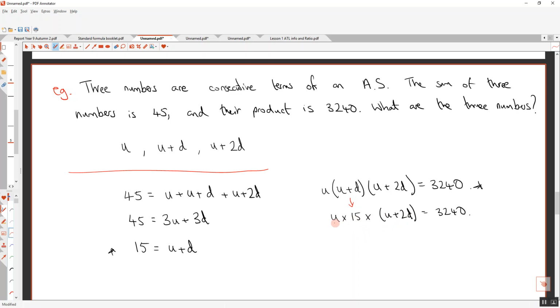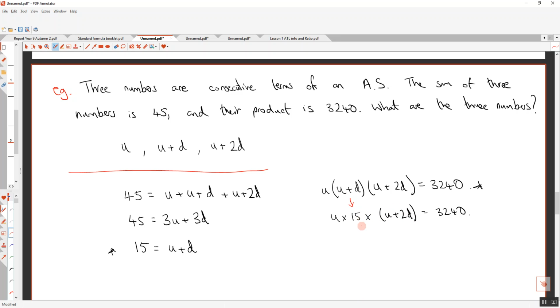I've got 15 multiplied by u multiplied by u plus 2d equals this, 3240. Wow, 15u then plus 30d. Oh, right, you mean expand?